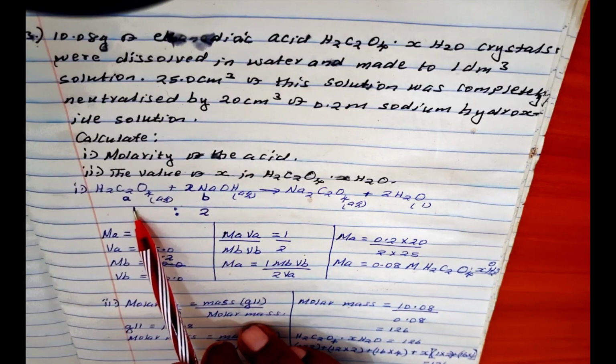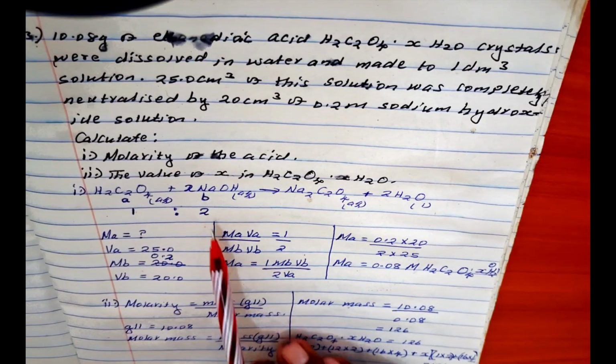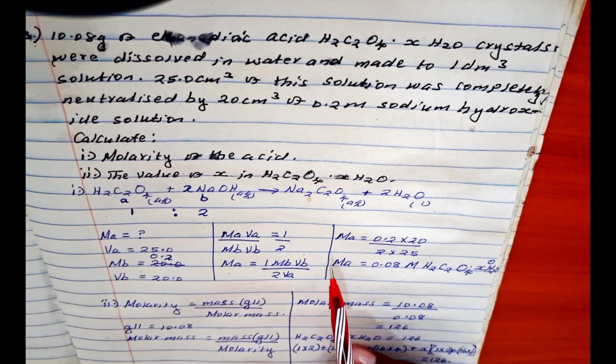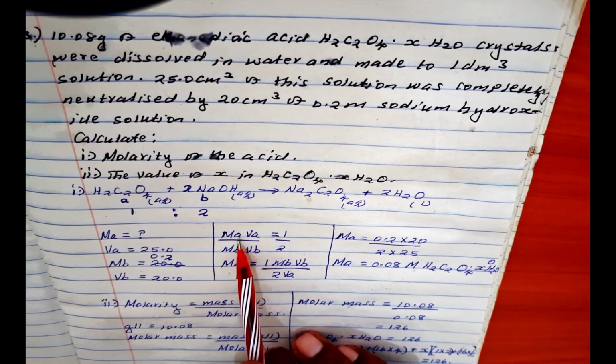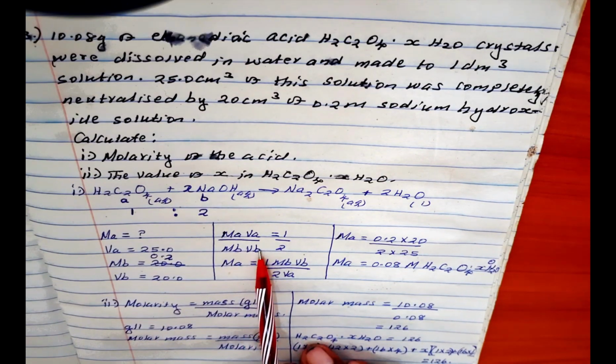The mole ratio of the acid is on top, this is 1. The mole ratio of the base is at the bottom, that is 2. So we make Ma, the molarity of the acid, the subject of the formula, by multiplying by molarity of base and volume of base on both sides, and dividing by volume of acid.